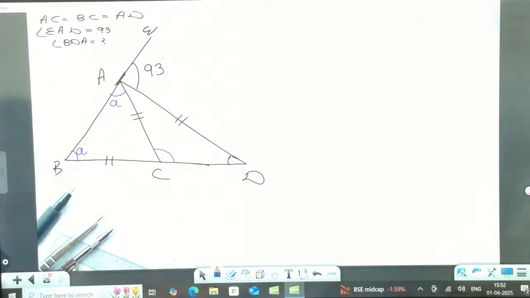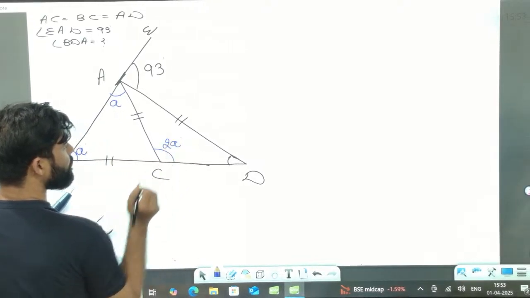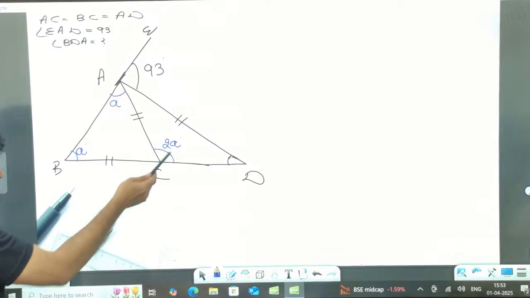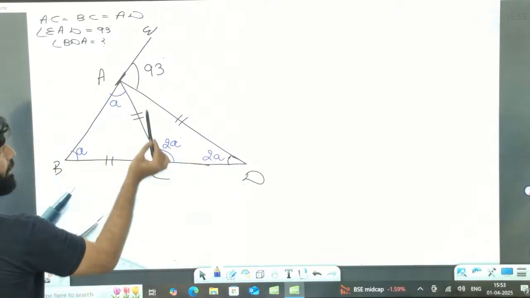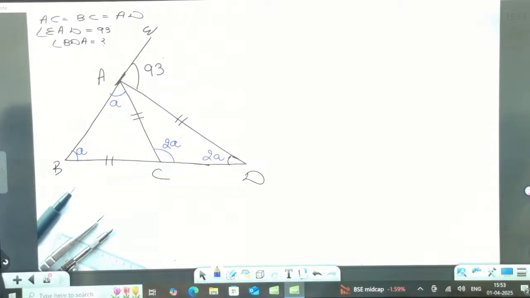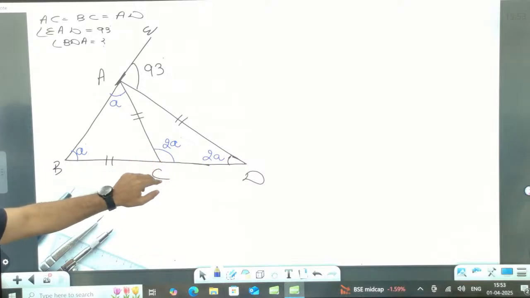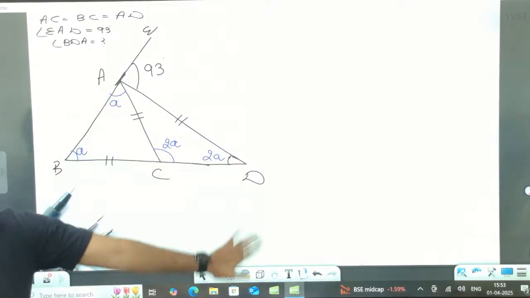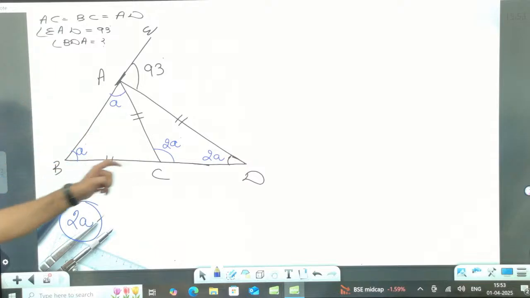So this is A plus A, that is 2A. And if this angle is 2A, this angle has to be 2A, because in this triangle ACD, AC equals AD, so opposite the equal sides there must be 2A. Getting it now? We have to find the value of 2A because this is BDA.